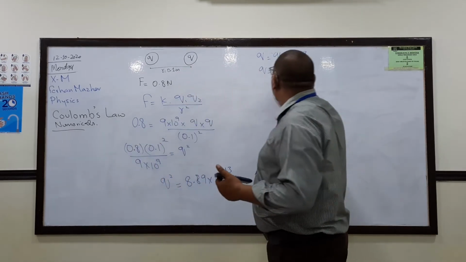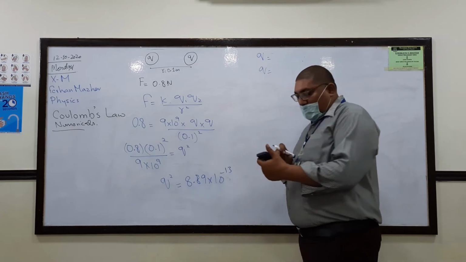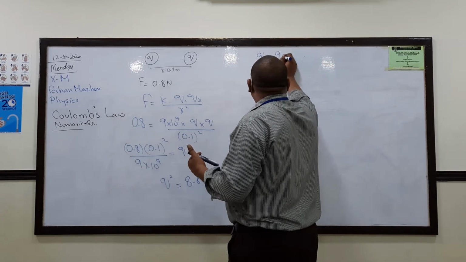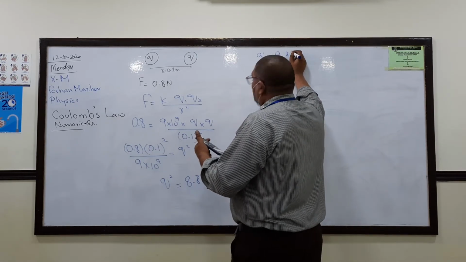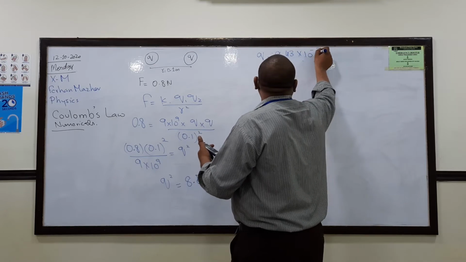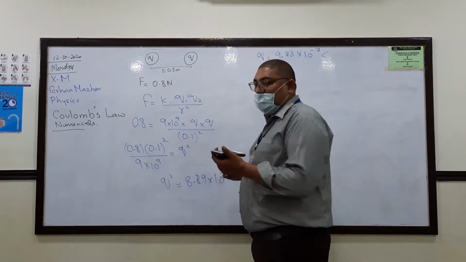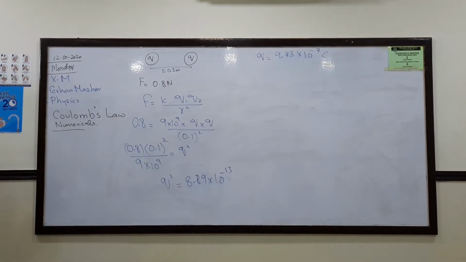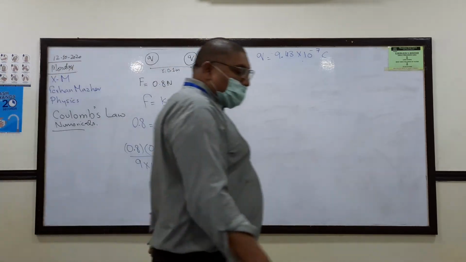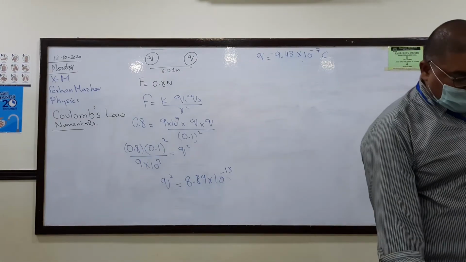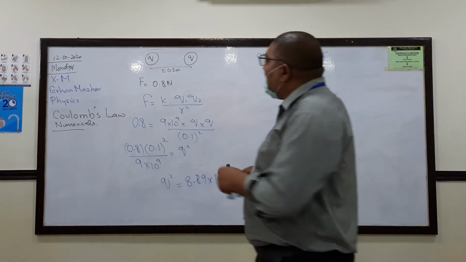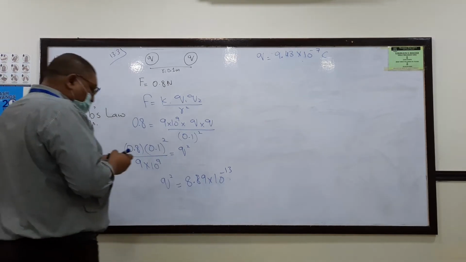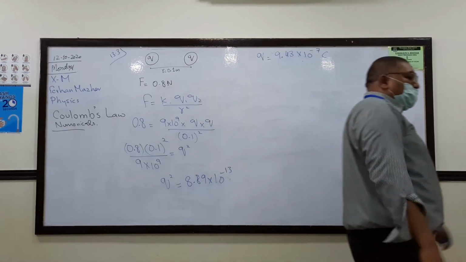Now take the square root of the answer, so the final answer is 9.43 expo minus 7. Check the answer. So the charge on each of those is 9.43 expo minus 7 coulomb. This numerical number is 13.3.